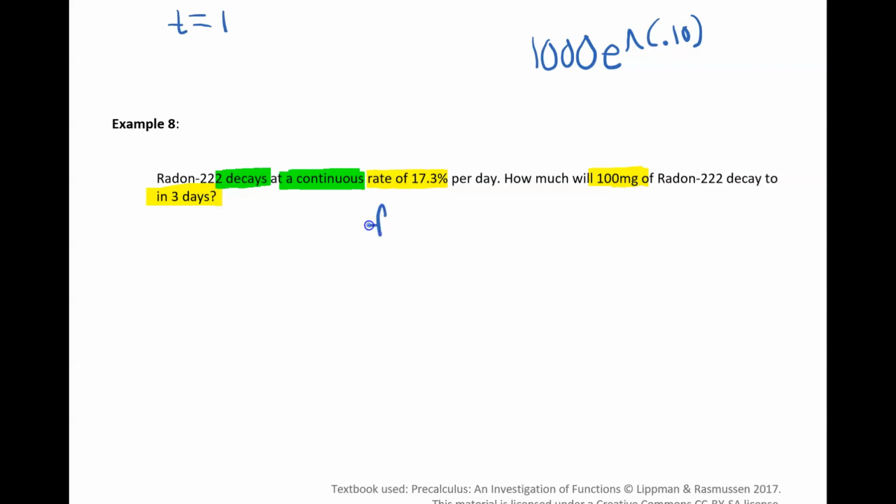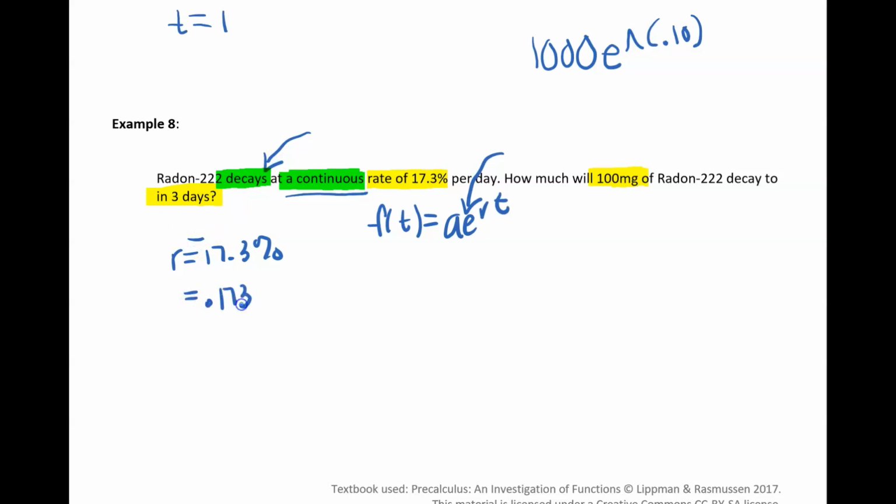This would be f of t is equal to A e to the rt, and I knew that it was going to be e from the fact that it's continuous. My rate is 17.3%. Since it's decaying, I want a negative, and I want to change that to a decimal, so negative 0.173. Then I know that my initial amount is 100 and my time is 3 days.